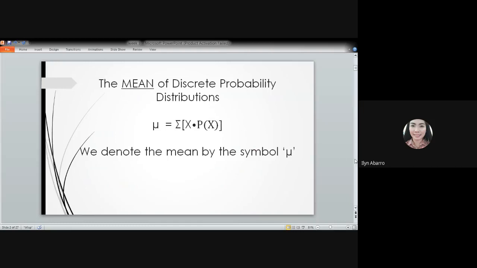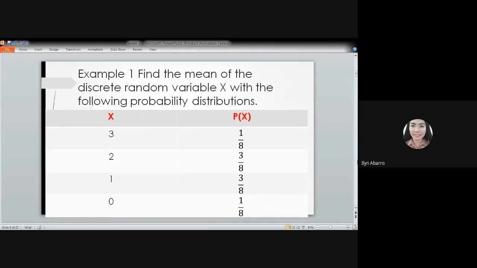Okay? So let us have an example. Example 1. Find the mean of the discrete random variable x with the following probability distributions. For the first column, given dito yung value ng ating random variable x: 3, 2, 1, and 0.